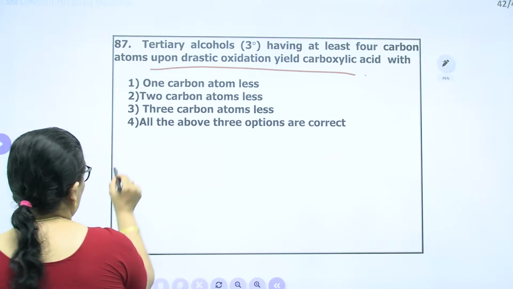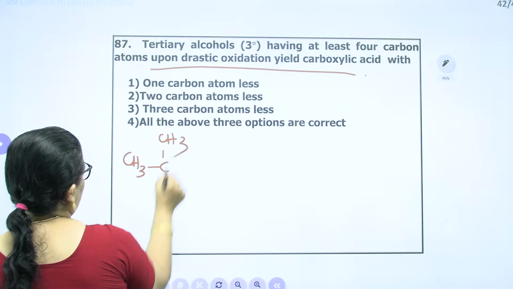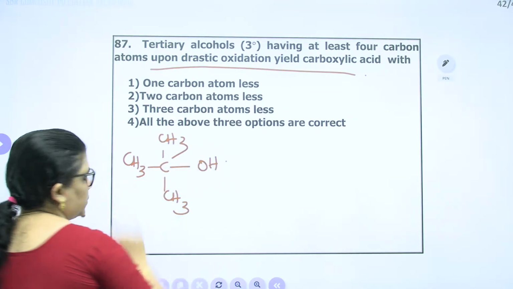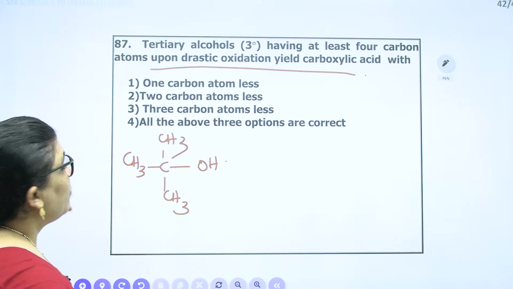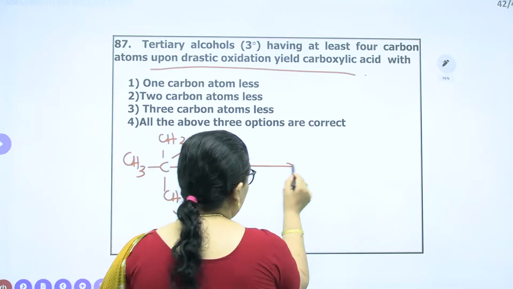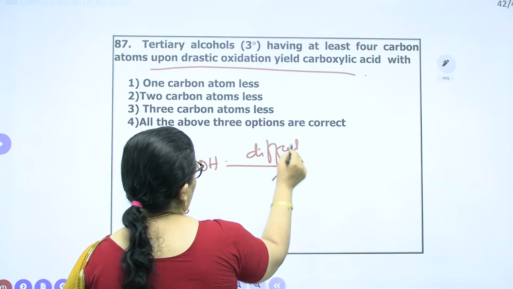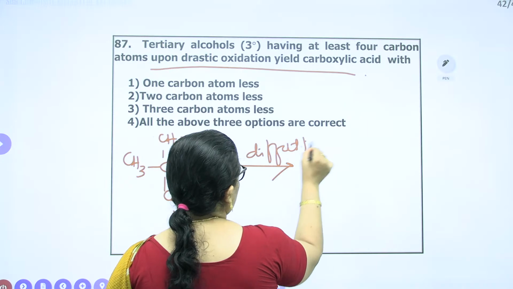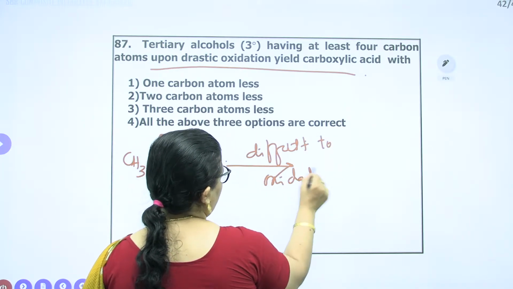We'll write the tertiary alcohol, tertiary butyl alcohol, (CH3)3COH. Remember, tertiary butyl alcohol is very difficult to undergo oxidation.